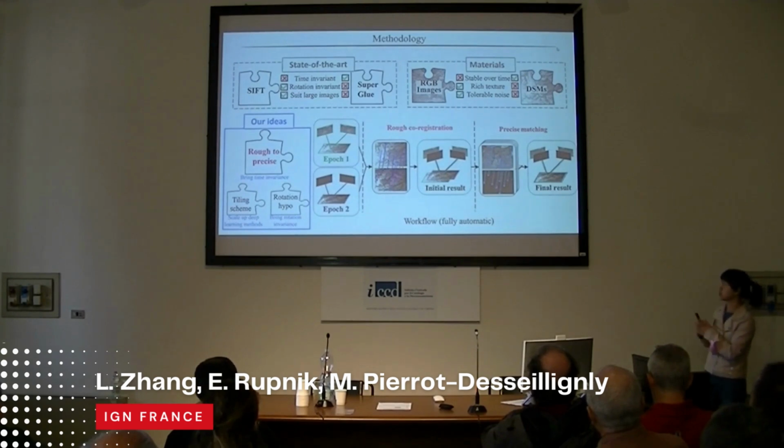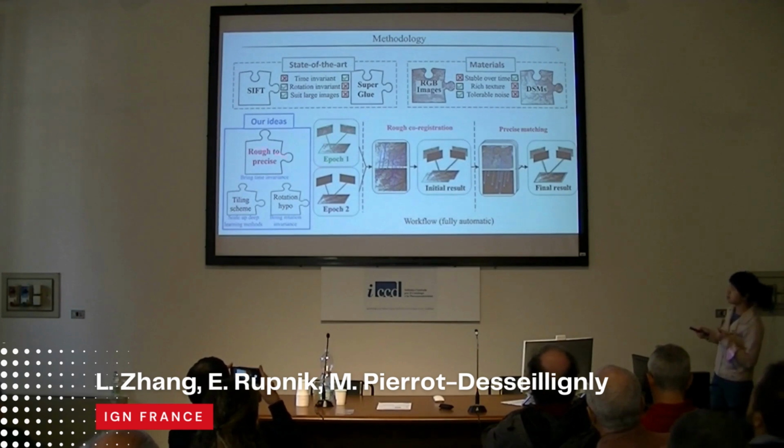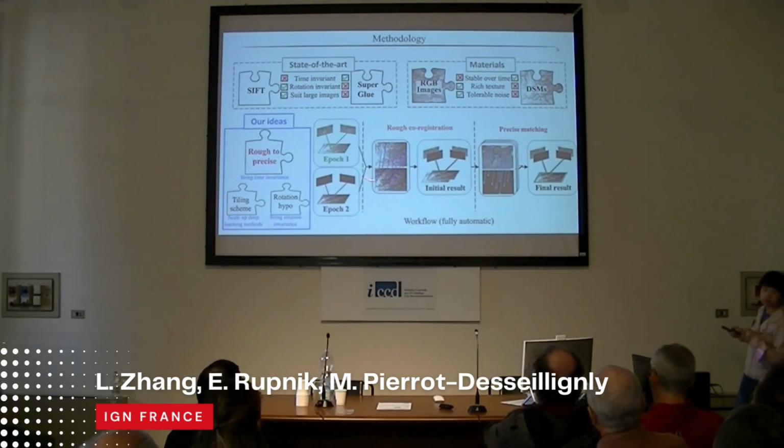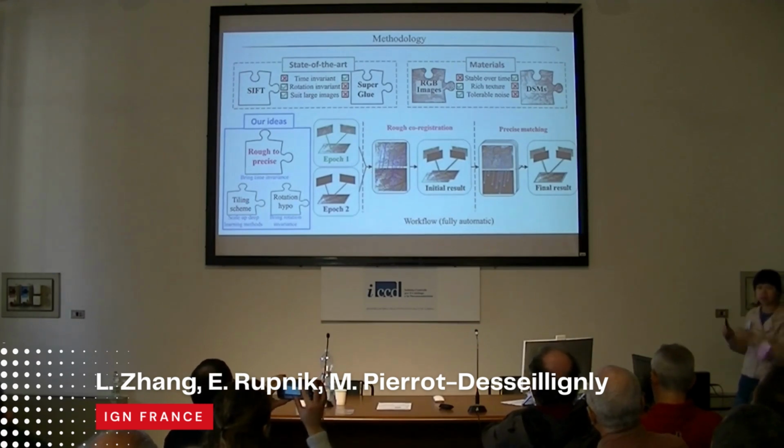First of all, our main idea is this rough-to-precise idea. It means we will first do a rough registration based on matching the DSMs, and here we are treating these DSMs as grayscale images.